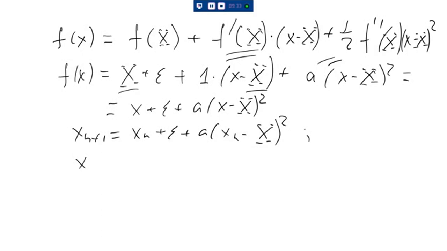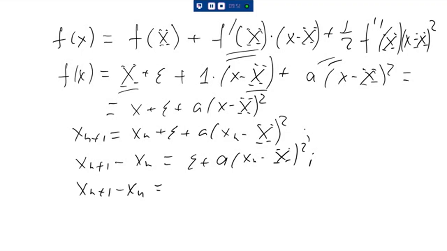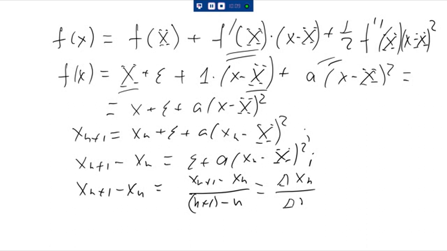Now we will use the following trick. We take x n to the left hand side. This on one hand should be equal to epsilon plus a times x n minus x capital squared. On the other hand, we will use this trick: x n plus 1 minus x n we represent as x n plus 1 minus x n divided by n plus 1 minus n, which is divided by 1. Here we have the change of x at the n step, and here is the change in number of steps.